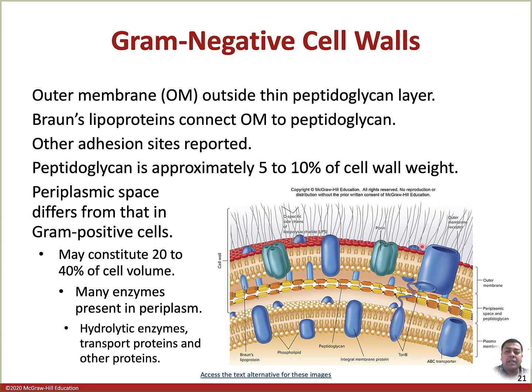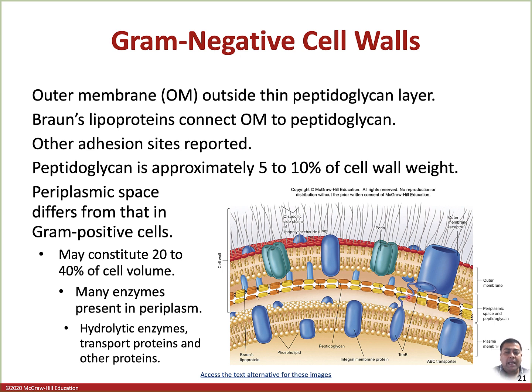When they come in contact with the outer membrane receptor of the TonB complex, this triggers an energy transduction. You can see that it is attached. That energy transduction process helps this large molecule enter the periplasmic space.